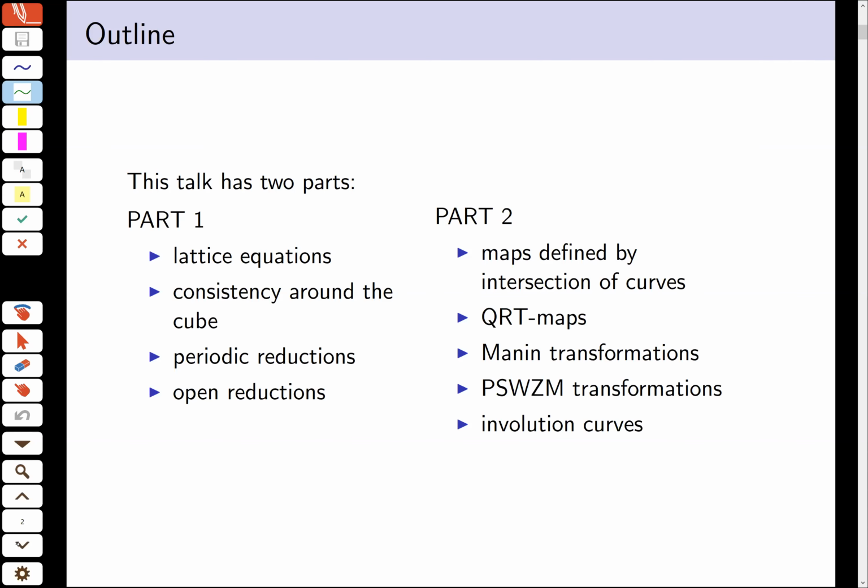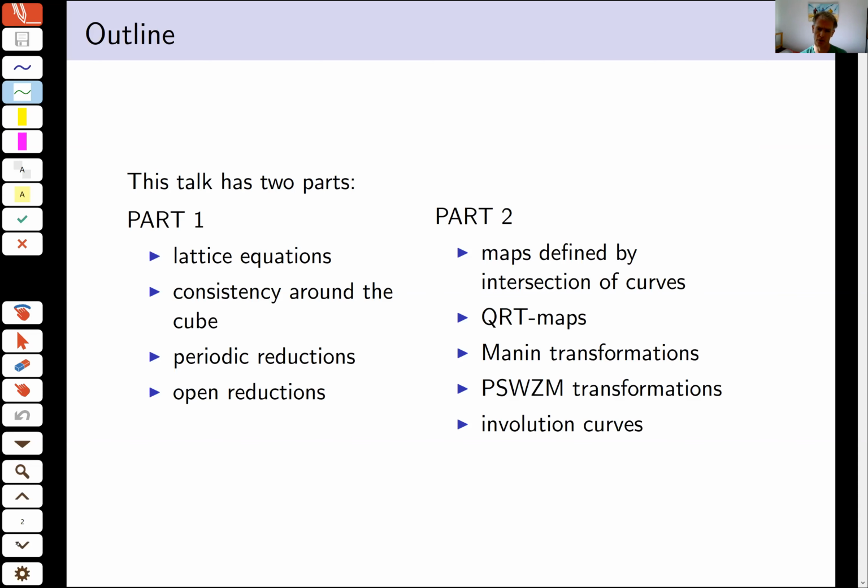So in the second part, I will try to understand what we get. If we do a reduction, we get a mapping, and we want to understand what the mapping is like in a geometric way. We do that by intersections of curves and pencils.